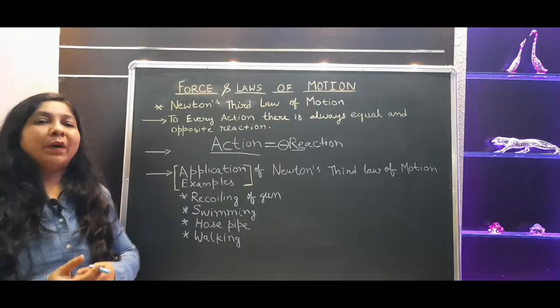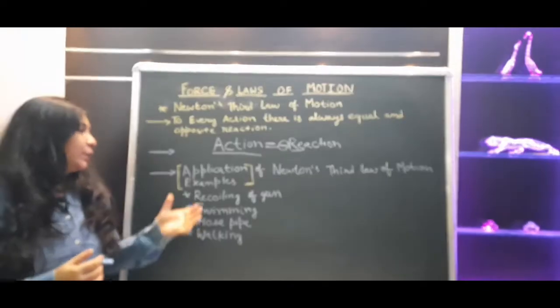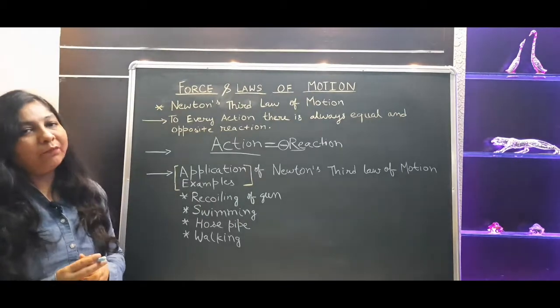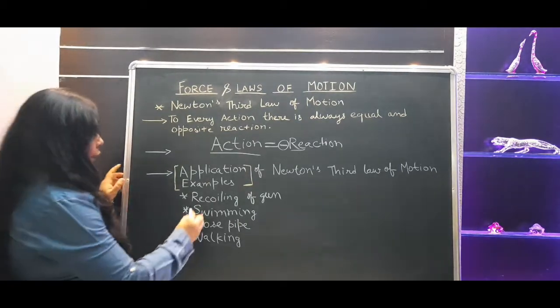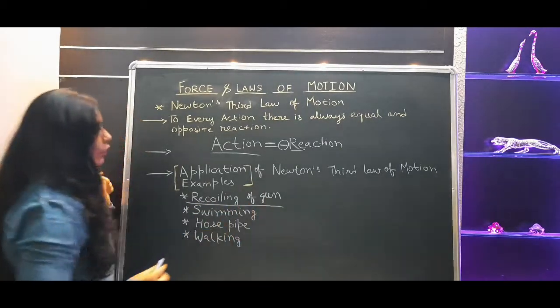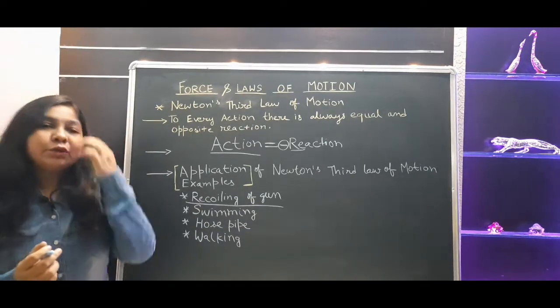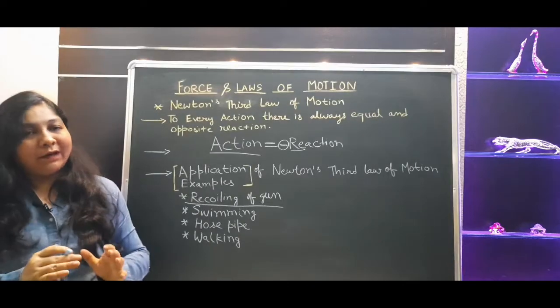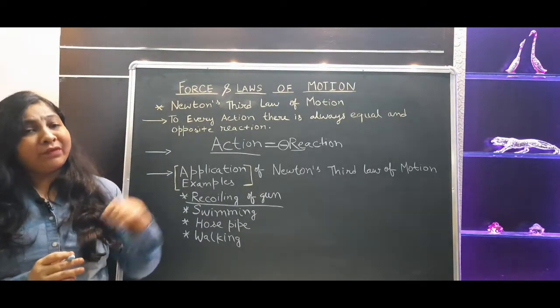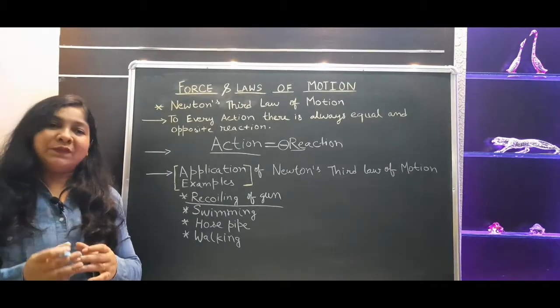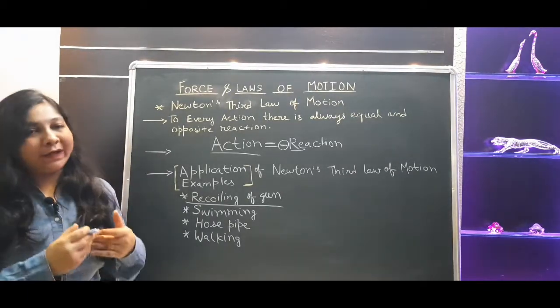Now we will talk about a few examples, either applications or examples of Newton's third law of motion. First, let's talk about the recoiling of a gun. If you consider a gun and a bullet, when we fire the bullet from the gun, the bullet will move in the forward direction, but at the same time the gun also moves, in the backward direction.